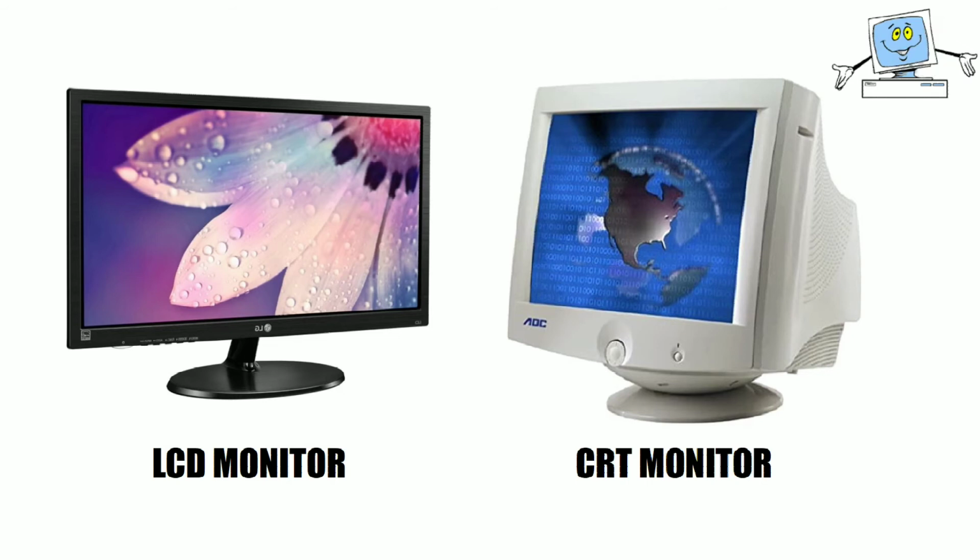On the left side, we have the LCD monitor or the liquid crystal display, while on the right side, we have the CRT monitor or the cathode ray tube. Both types produce sharp images, but LCD monitors have the advantage of being much thinner and lighter. CRT monitors, however, are generally more affordable.